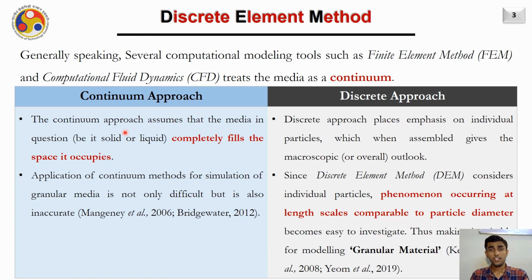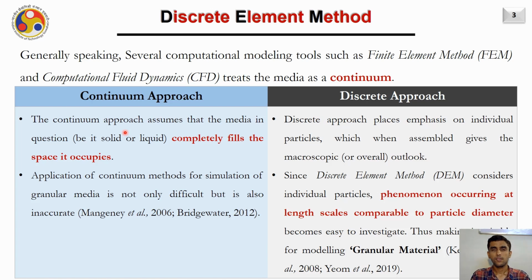However, this cannot be applied when we are trying to simulate bulk matter behavior or granular materials. This is because most of the phenomena that relate to granular material are affected by the individual particle interactions. Thus, this continuum approach cannot be assumed.